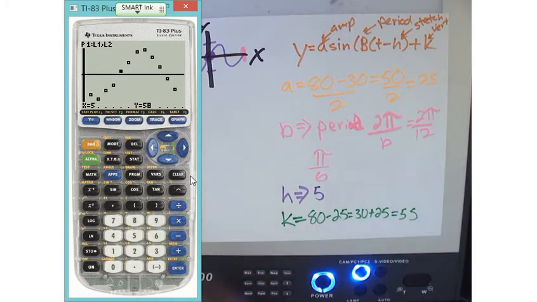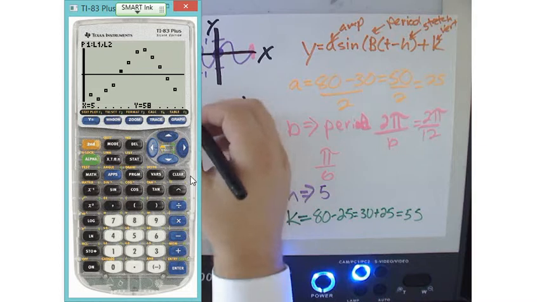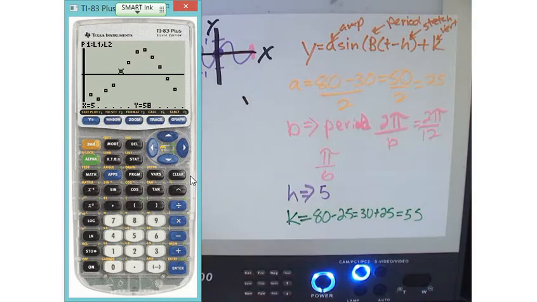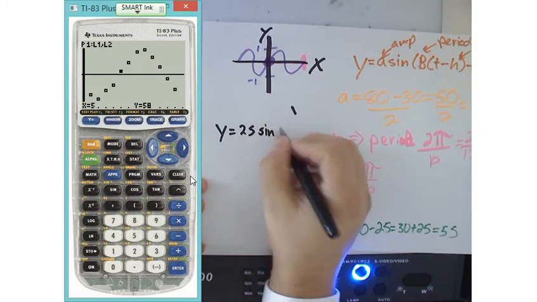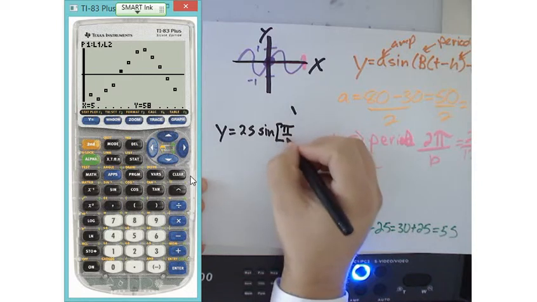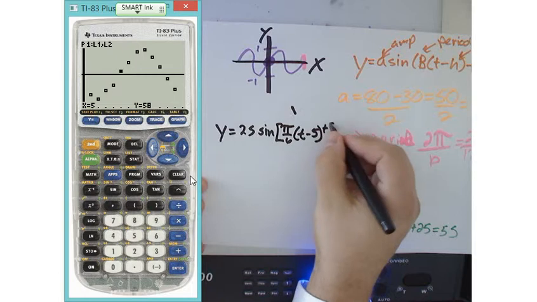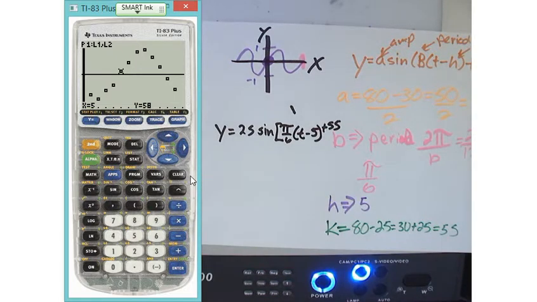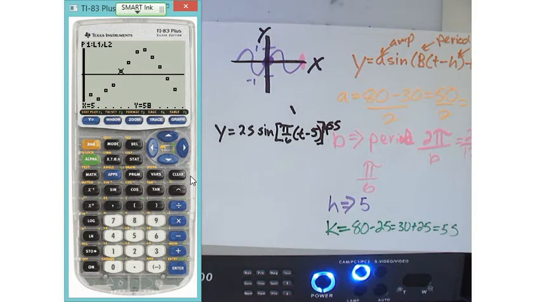So if that's the case, then my equation should be, if I know what I'm doing, y is equal to a, which is 25, sine of pi over 6 times t minus 5, plus 55. That should be my function, right? t would be x, it's not a parametric function.